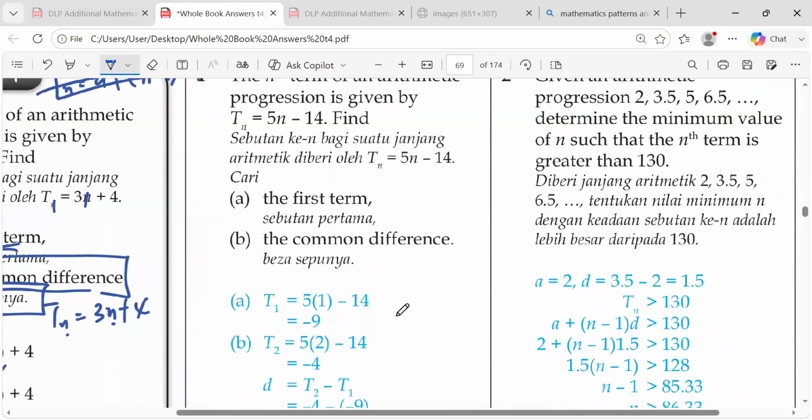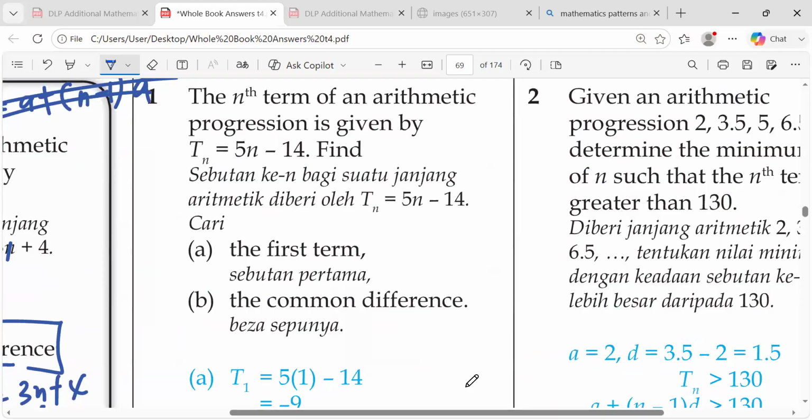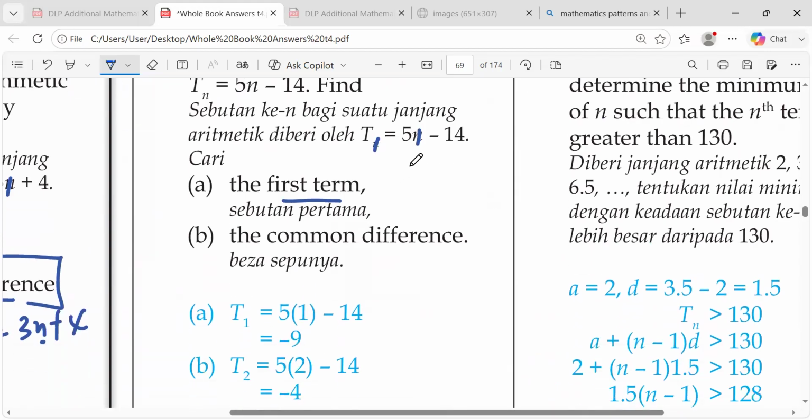Okay, next. Again, using the formula given, he wants the first term, so we just substitute 1 inside, and then I get -3 for the first term. Now I need the second term because he wants the common difference. Common difference is the current term minus the term before, meaning the second term minus the first term, I get D. So you substitute 2 inside the formula, and I get the second term is -4.